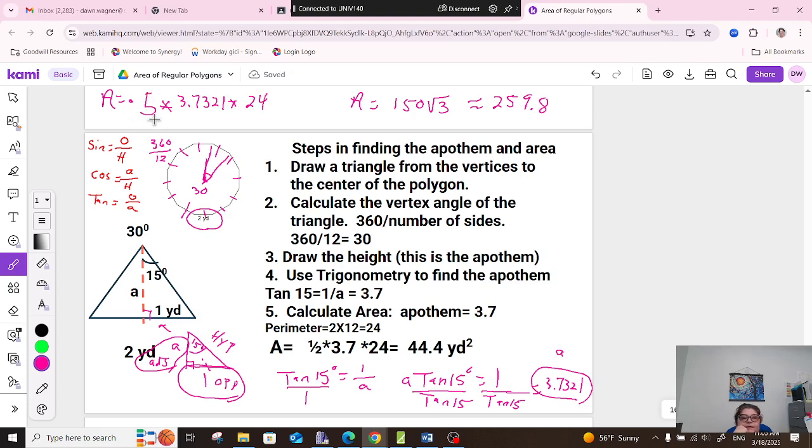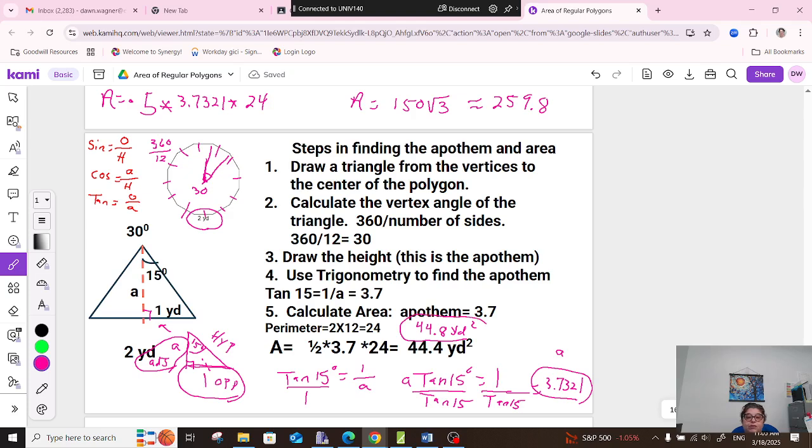So go ahead, 0.5 times 3.7321 times 24. So see how it's different? The more correct answer would be the new one, 44.78, which we would round to 44.8. And that would be yards squared.